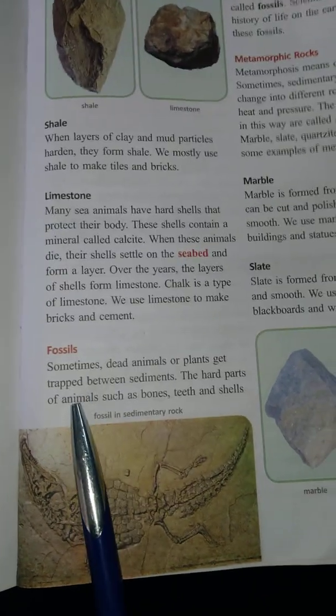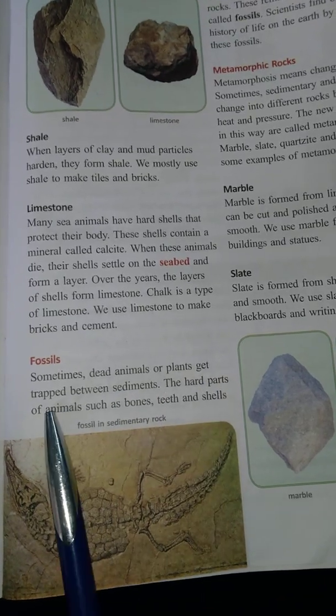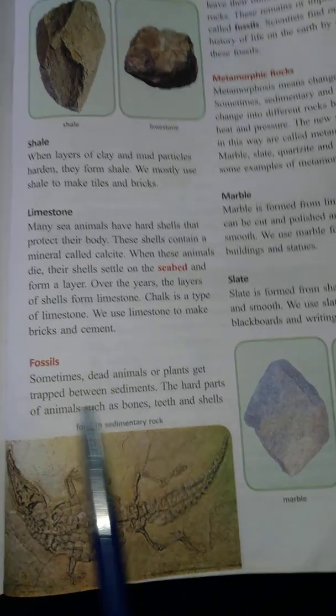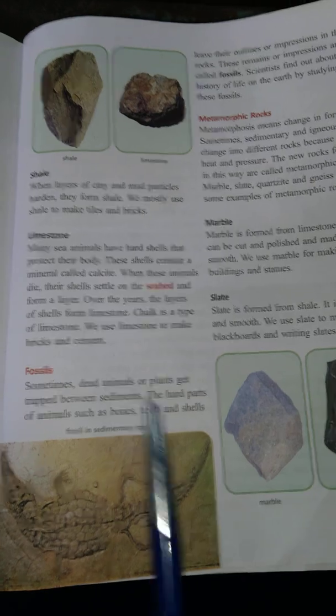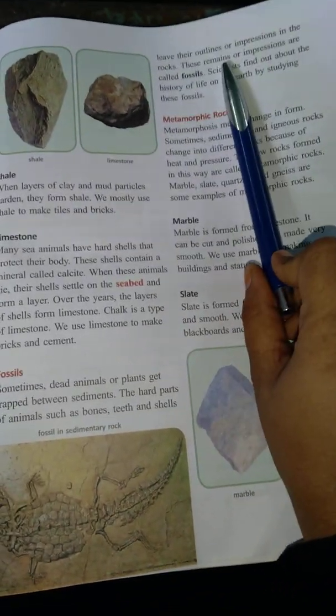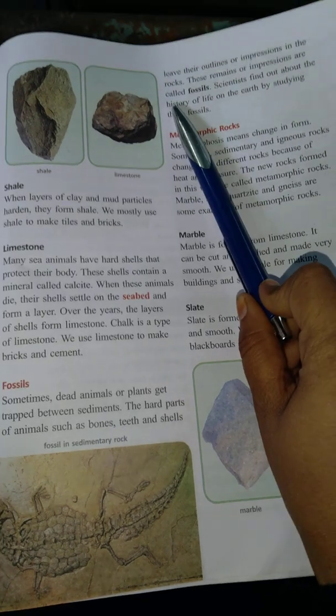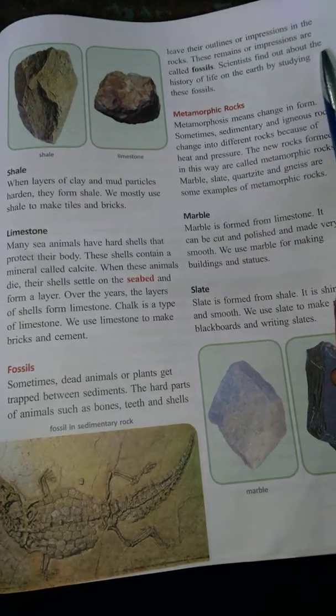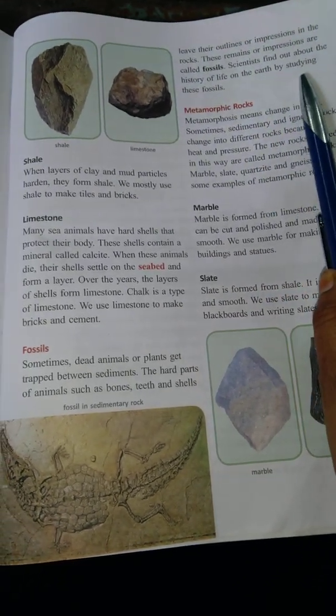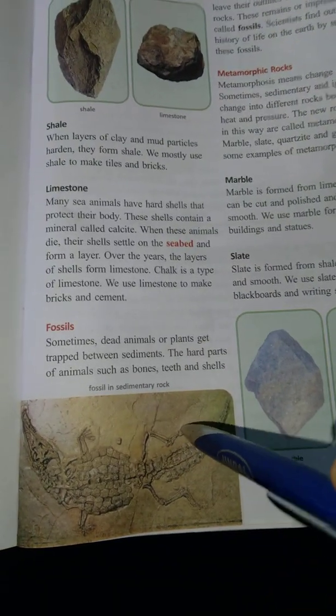Okay, fossils. Sometimes dead animals or plants get trapped between sediments. The hard parts of the animal, such as bones, teeth and cells, leave their outlines or impressions in the rocks. These remains or impressions are called fossils. Scientists found out about the history of life on the earth by studying these fossils. What do you mean by fossils?